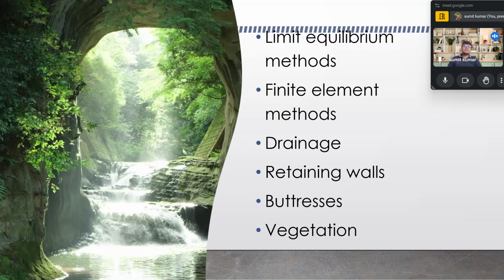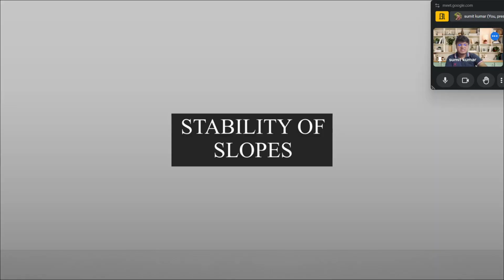Okay, now we have come across the limit equilibrium method and finite element method. We understand the drainage, the retaining wall, the buttress and the vegetation, as well as their importance in providing stability to our slope at the specific sites.